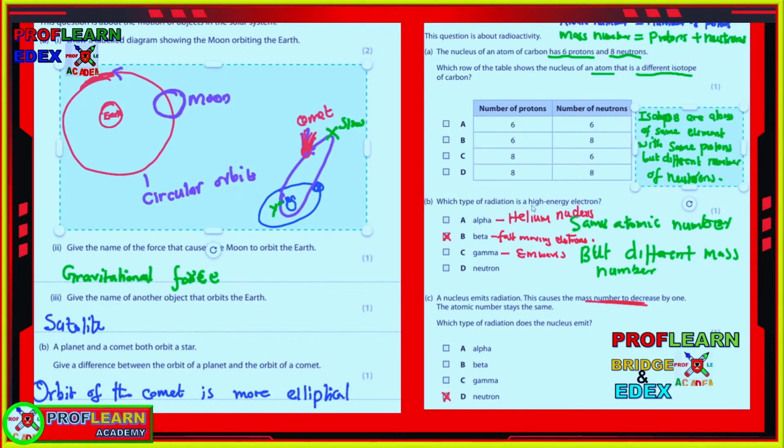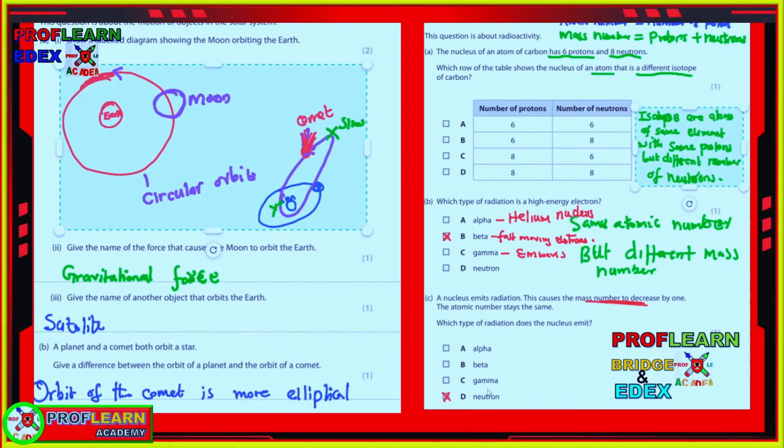Which type of radiation is high energy electrons? The fast moving electrons are beta. Alpha is a helium nucleus, and gamma are electromagnetic waves. You also are supposed to understand which type of radiation is emitted when the mass number decreases by 1. This is actually a neutron.